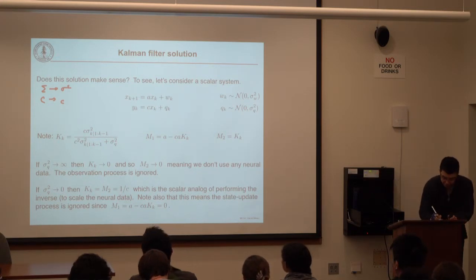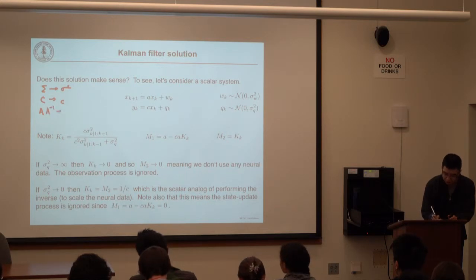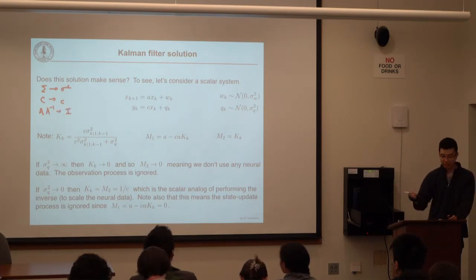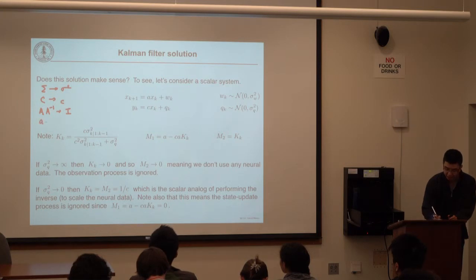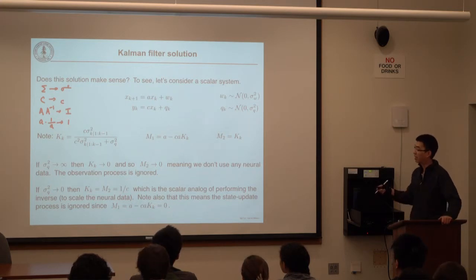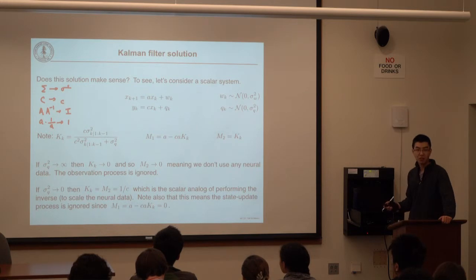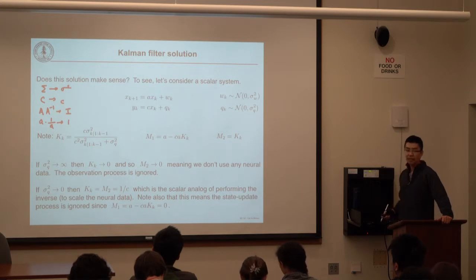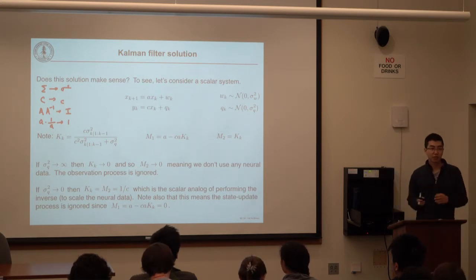Because if you have A times A negative 1, and this equals the identity, the scalar analog is that A times 1 over A equals 1. And so all I've done is replace these terms accordingly in the Kalman gain and arrive at this equation. I've written everything here in terms of scalars. And let's just start to see if the Kalman filter makes sense.